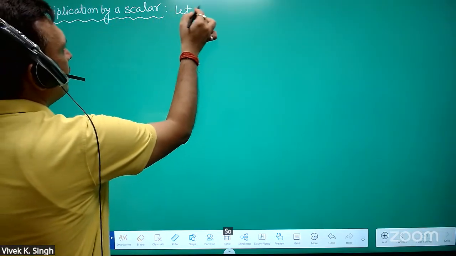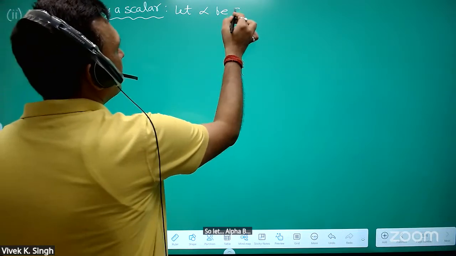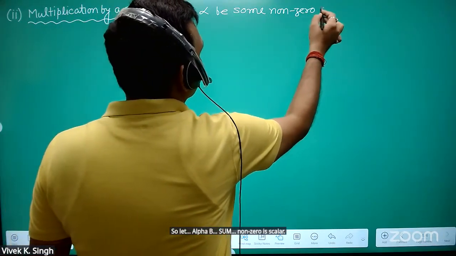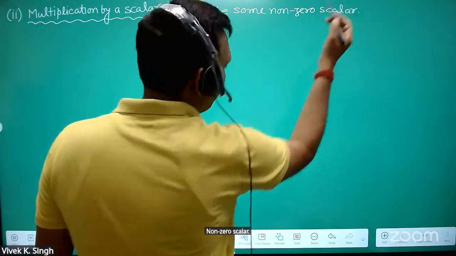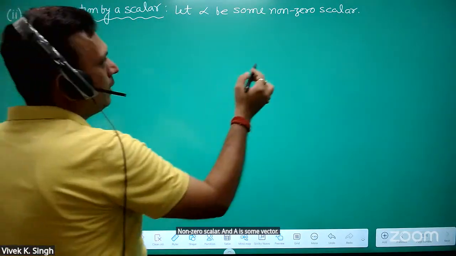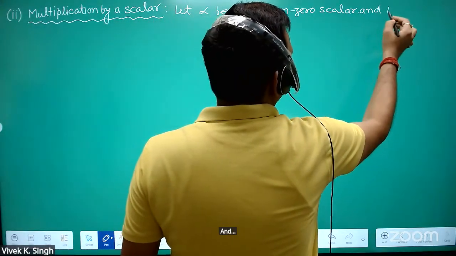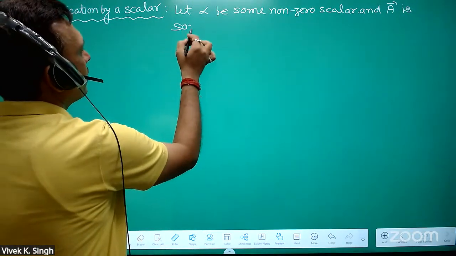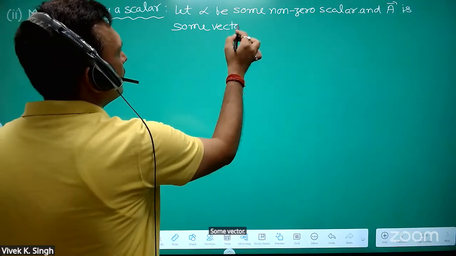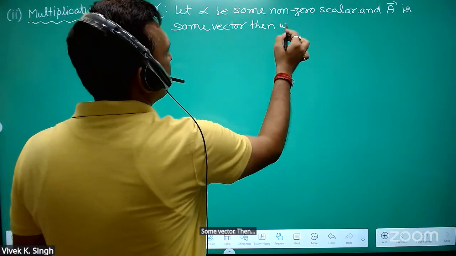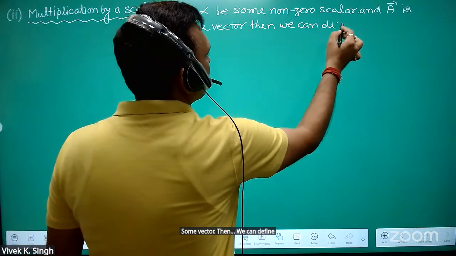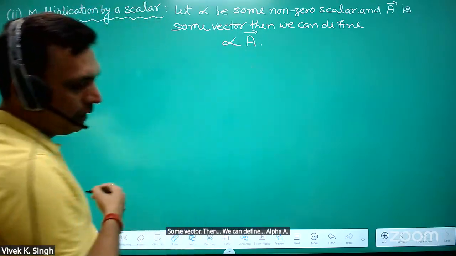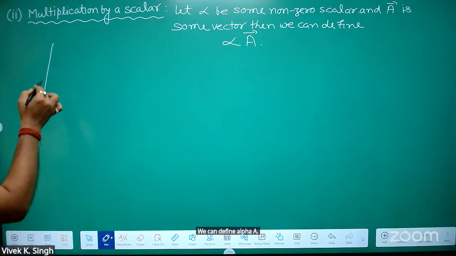So let alpha be some non-zero scalar, and A is some vector. Then we can define alpha A.